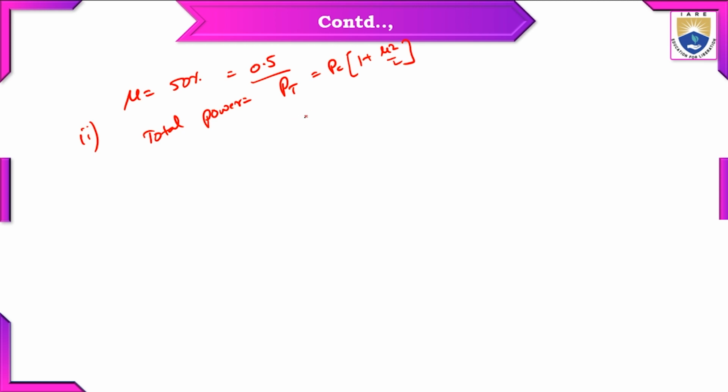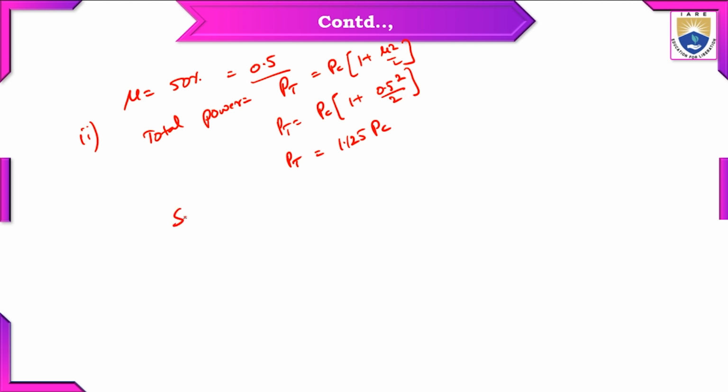Here mu value is 0.5, so PT is equal to PC into 1 plus 0.5 square by 2. 0.5 whole square is 0.25, divided by 2, that is 0.125. 0.125 plus 1 is 1.125. So 1.125 PC is the total power.